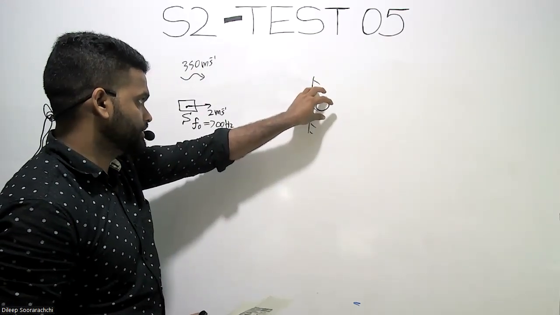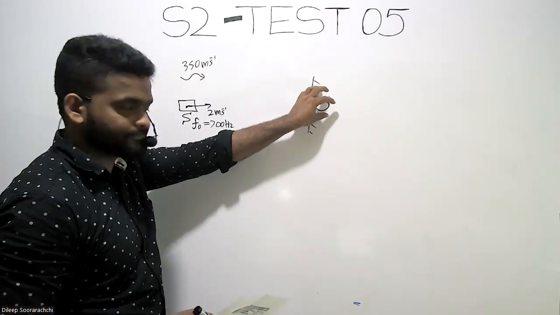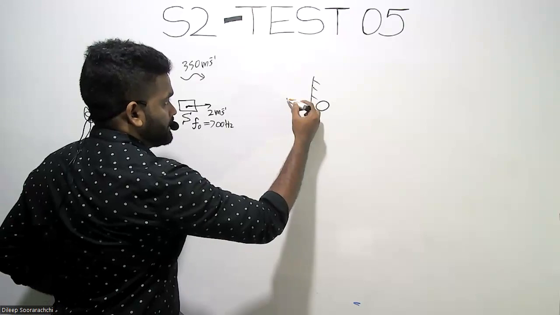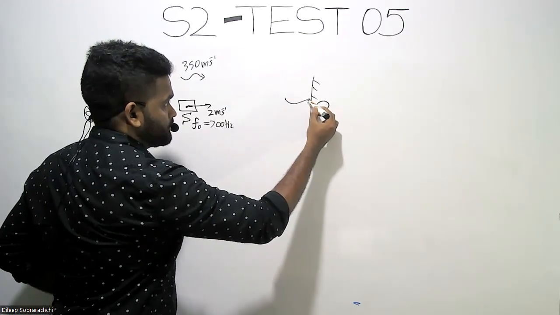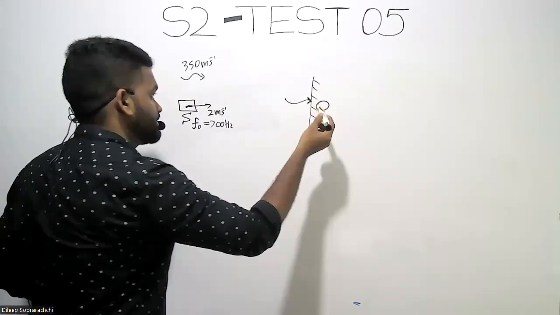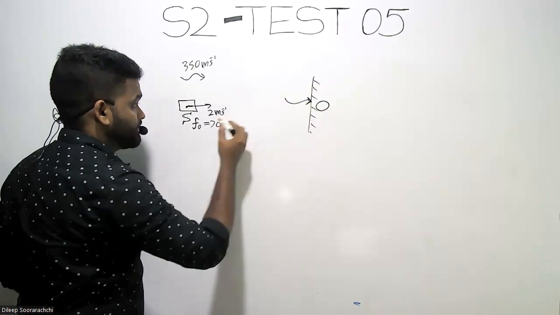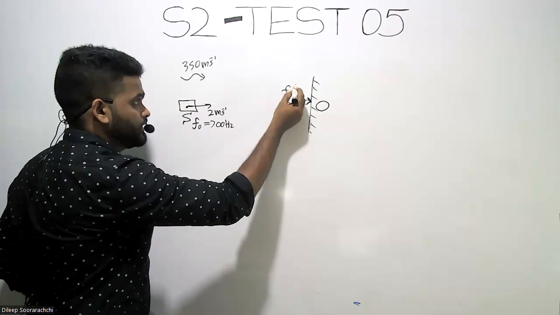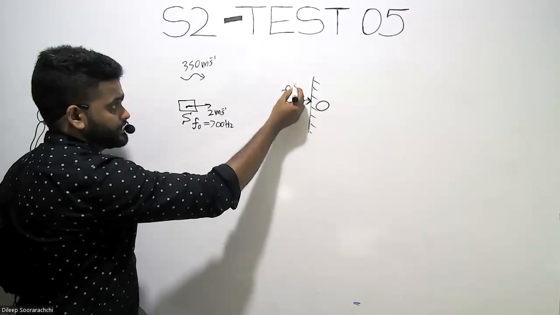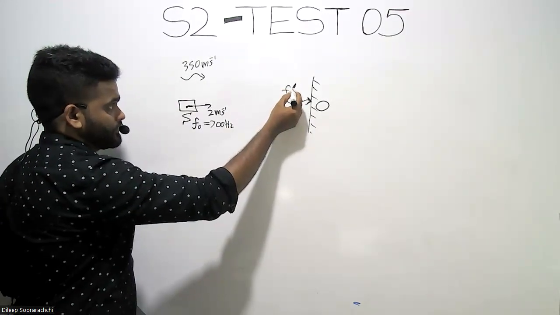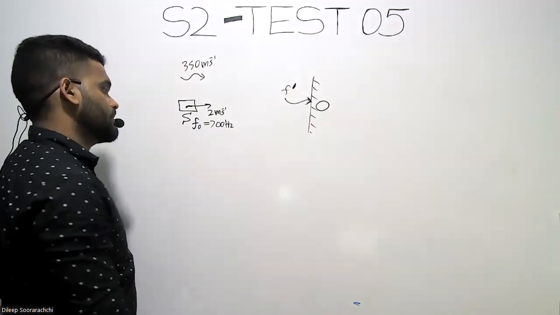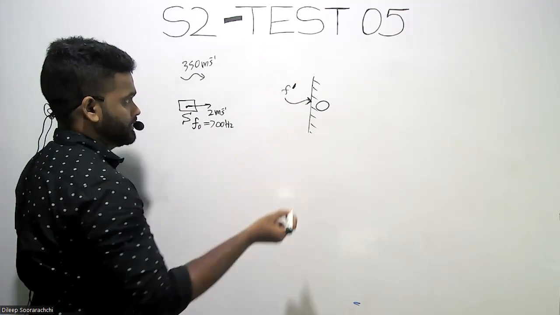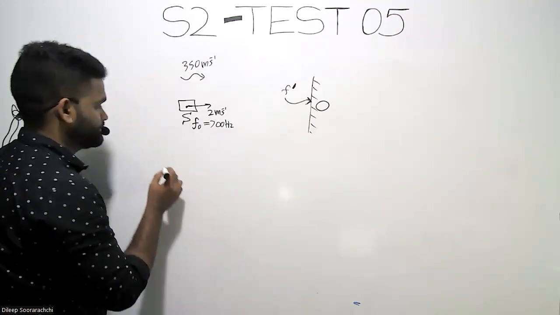So this is going to be the observer temporarily. The wall is not going to receive the real frequency 700. Since the source is moving, it is going to receive an apparent frequency, let's say f dash.